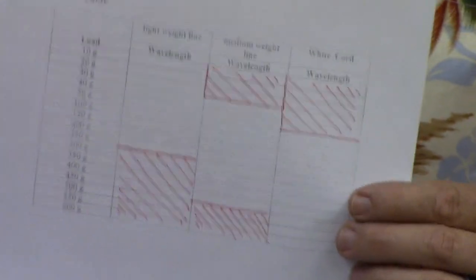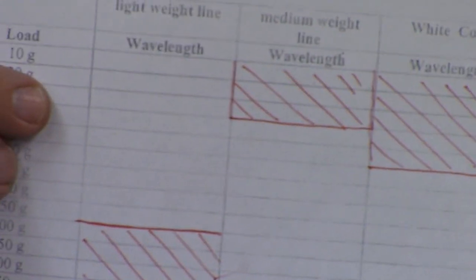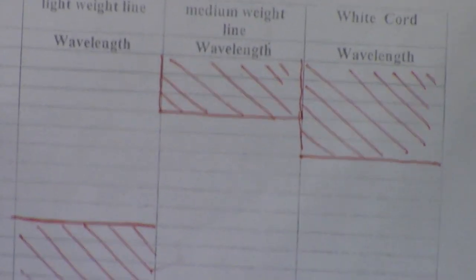So when I type it into graphical analysis, I'm going to follow what I did up there. I'm going to type it in kilograms. And then it says what's the wavelength, and they give 3 columns. The reason there are 3 columns is because you are asked to create waves on a string, but 3 different strings.